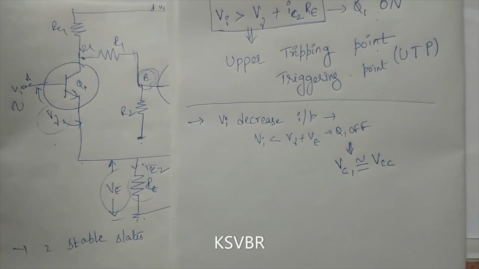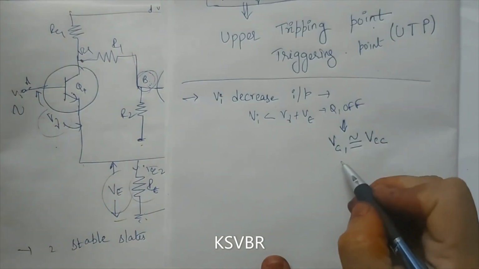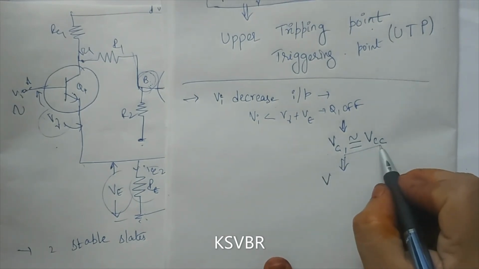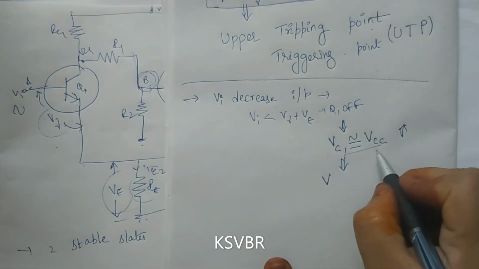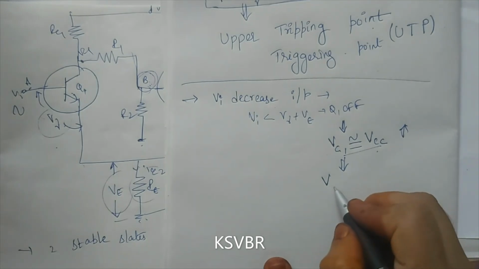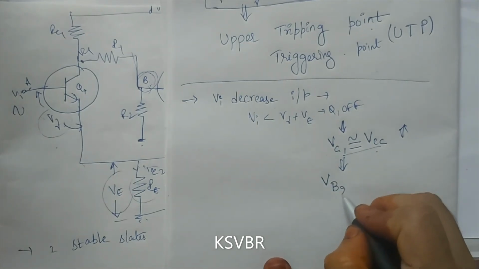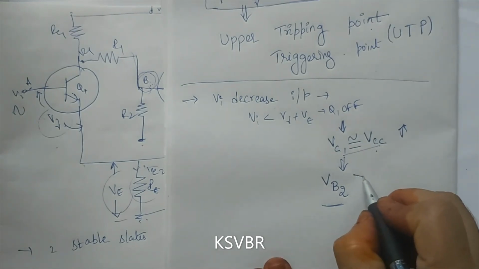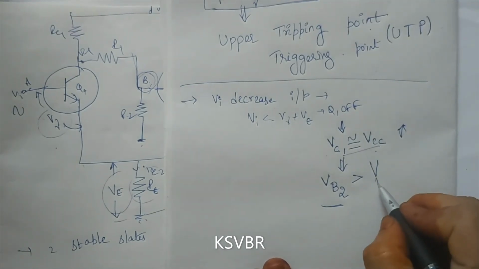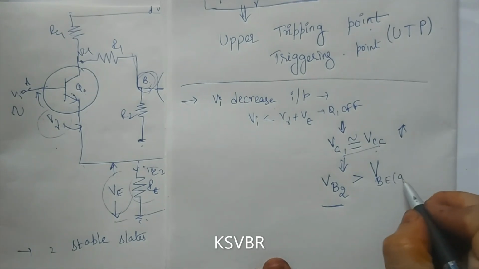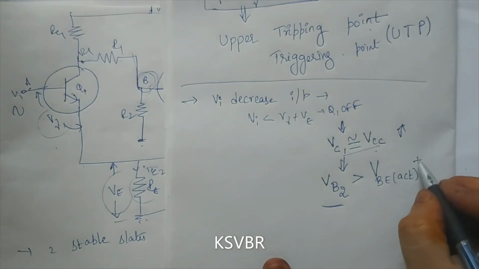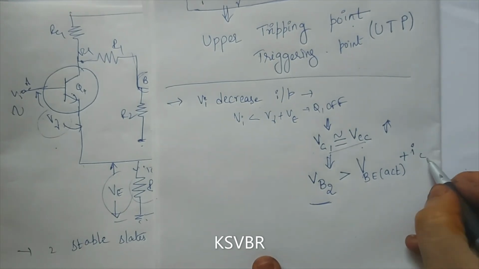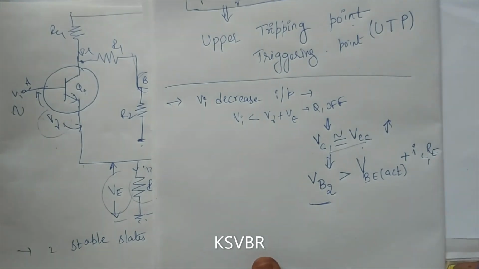Okay, so by taking this gradually increasing voltage at VB2, whenever VB2 comes across VBE active plus IC1 into RE.